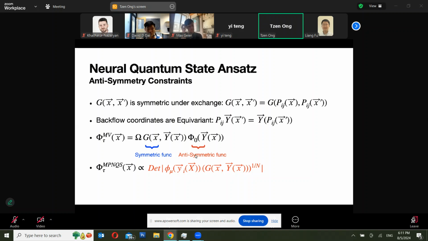The anti-symmetric part can be represented by a determinant, and the symmetric part is an overall factor. It turns out to be an exponential of a neural network Jastrow factor, which you can absorb into the orbitals phi of mu. This is what they use to construct the neural network later on.